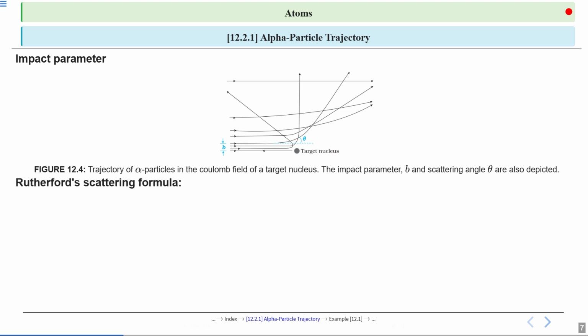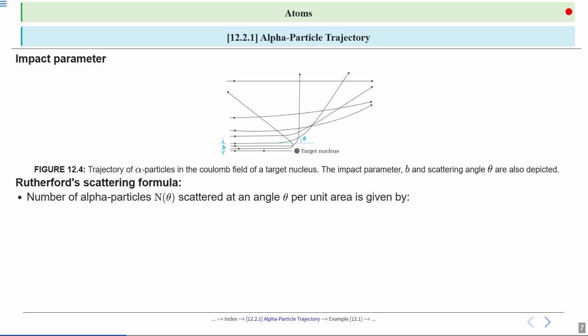So let's introduce Rutherford's scattering formula. This formula predicts how many alpha particles will be scattered at different angles when they hit a thin metal foil. According to Rutherford's formula, the number of alpha particles is N(theta). So what is the number N(theta)? N(theta) represents the number of alpha particles scattered at an angle theta per unit area.